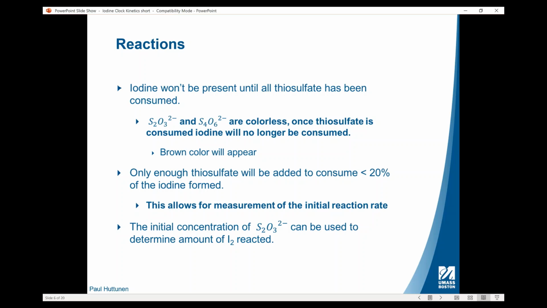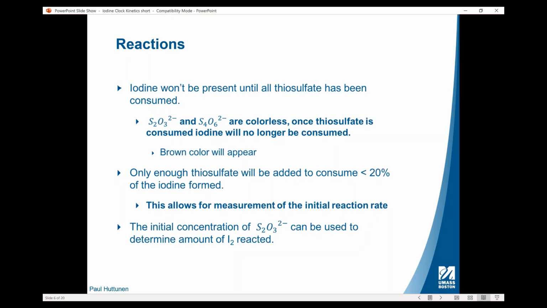And so at the point where we start seeing the dark color of the iodine, we will know exactly how much hydrogen peroxide and iodide have been consumed, because as soon as we've seen that brown color appear, we will know that the total amount of thiosulfate that we put in there will be completely consumed.